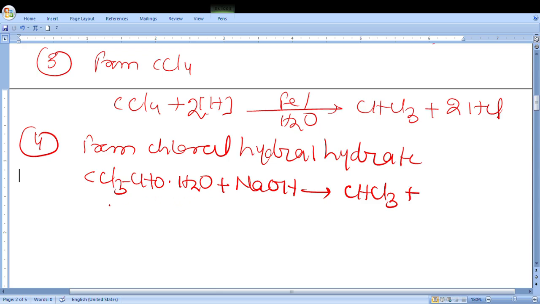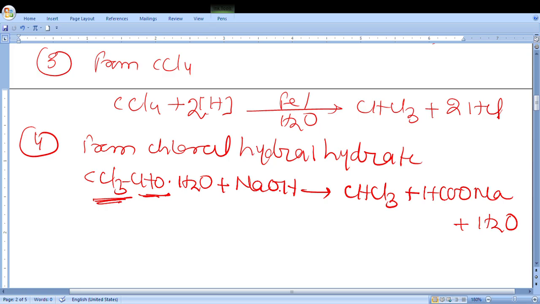This CHO will be converted into HCOONa. So this carbon is getting oxidized, plus water. In this way, chloroform is prepared.